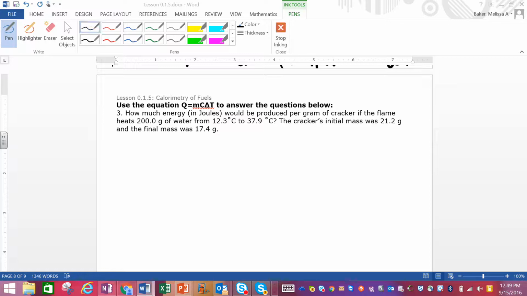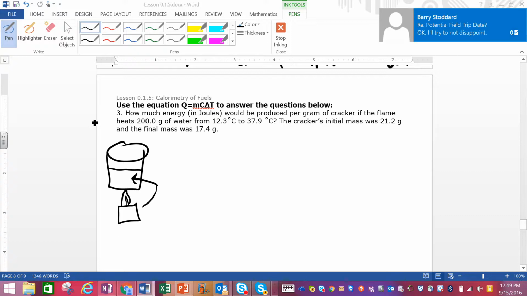All right, so where do we even start? I'm going to sketch a little picture. I've got 200 grams of water and I'm burning a cracker underneath. There's my flame, my flaming cracker. So I want to know how much energy was transferred to the water because the potential energy in the cracker is going to be converted into thermal energy.